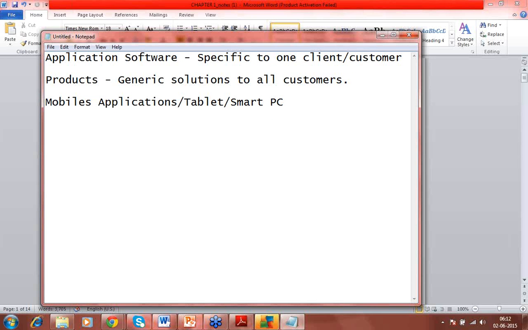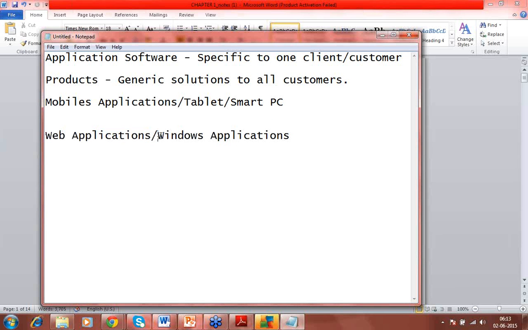And typically, these application software or products are mostly in the form of web applications. Some of them could be Windows applications. Web applications are something that you just browse on any web browser where the application is going to work. It could be Internet Explorer, Firefox, Safari, different browsers.